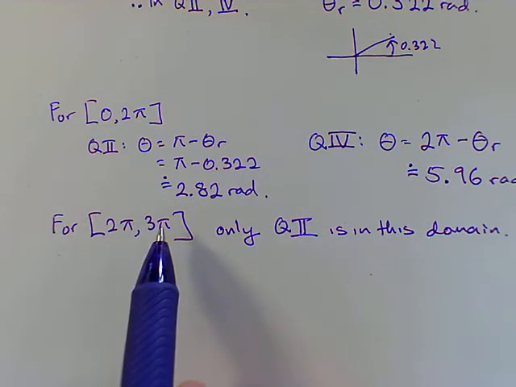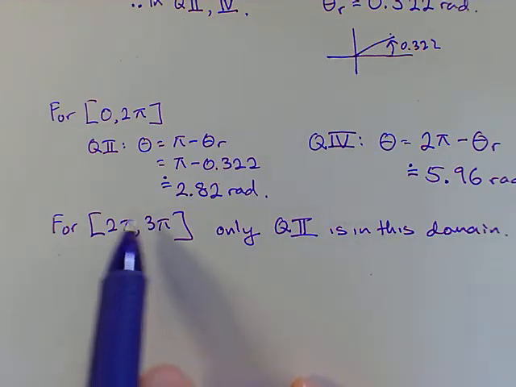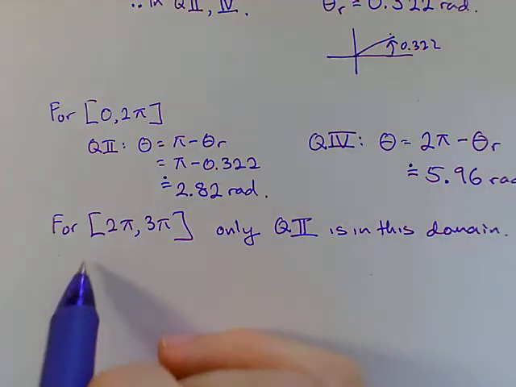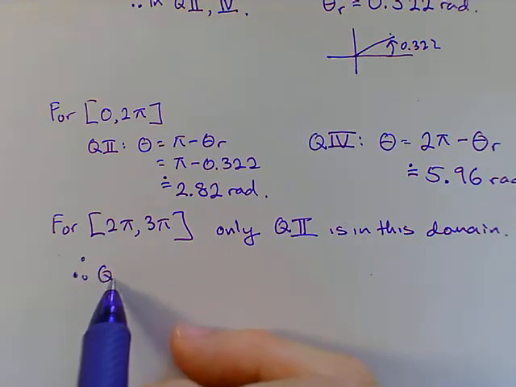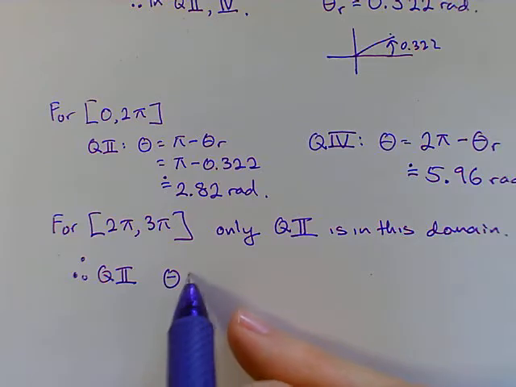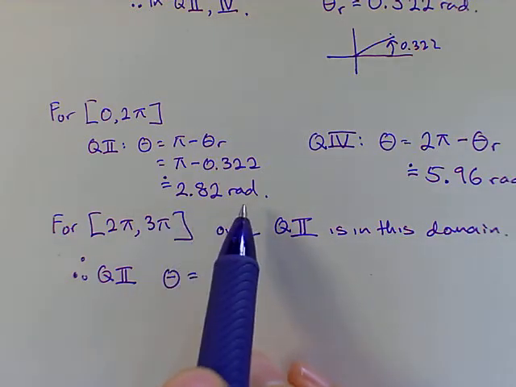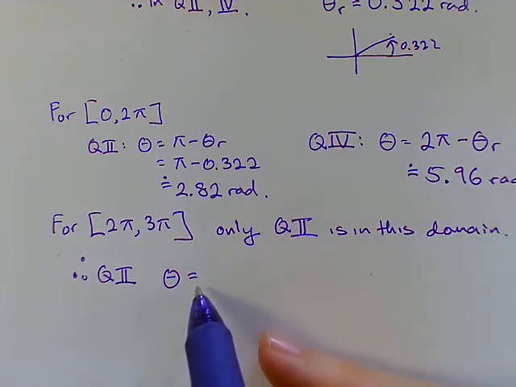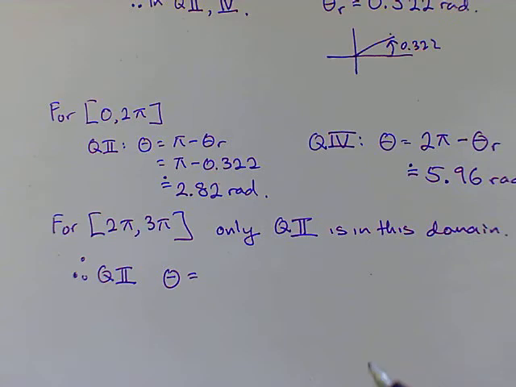from 2 pi to 3 pi, we are rotating another half of a circle, which means we're only dealing with quadrant 2 this time. Again, rather. Okay? And in quadrant 2, you could think about the angle to be coterminal with this one, or you could think about this as a full rotation plus another one of these. Well, I guess that's actually the same thing.